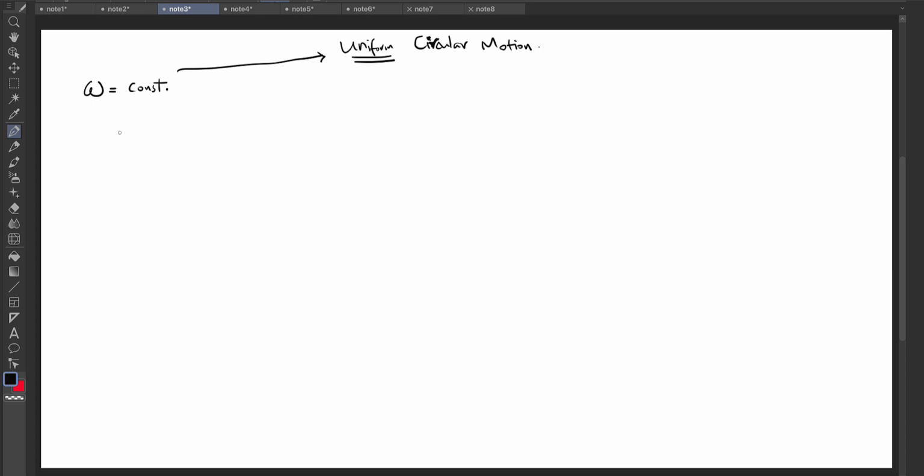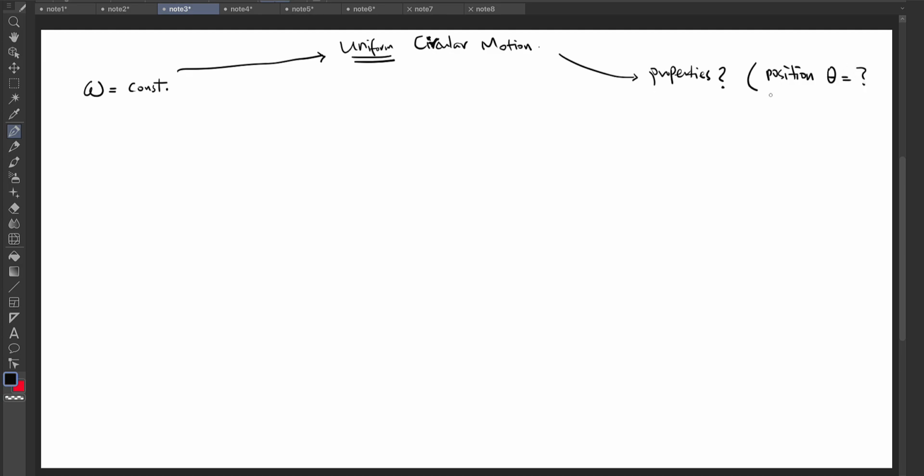Now think about the meaning of this, and how we use this condition to figure out the property of the uniform circular motion. By property, I mean what's the position, meaning how do I write down the theta here?